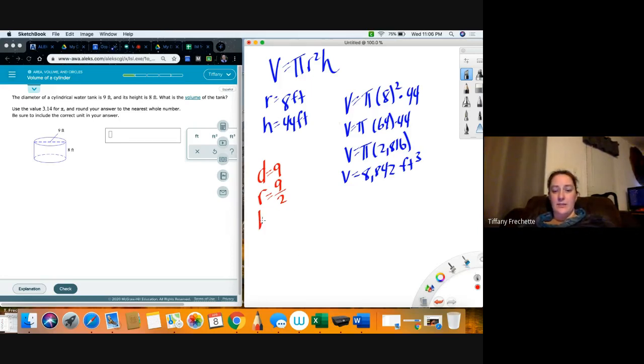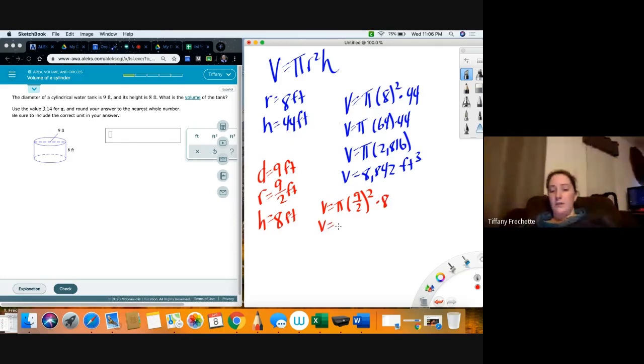And then it says it also has a height of 8 feet. And remember, these are all feet. Okay, so now we're just going to start plugging it in. So we have volume equals pi times radius, which is 9/2, squared times 8 for the height.